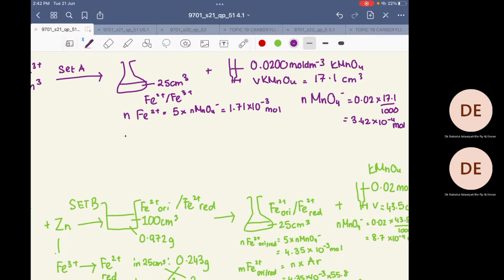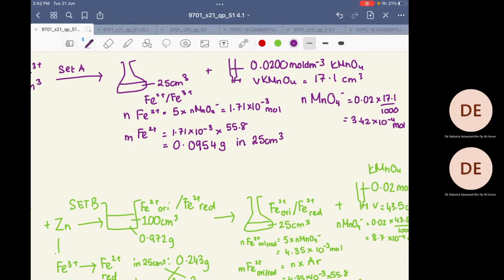The question wants mass. So I have to times it by the MR, or AR in this case, 55.8, and I should get 0.0954 grams. And this is the mass in 25 centimeter cube. But what does the question want?